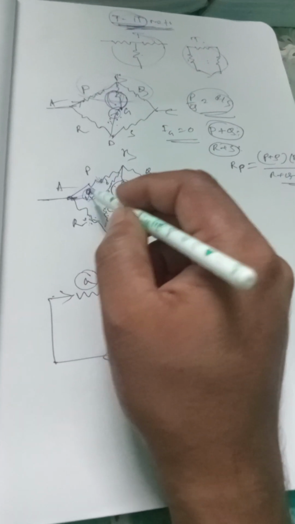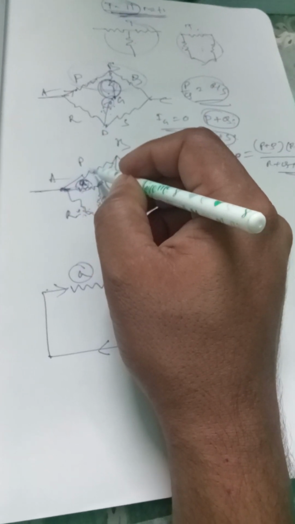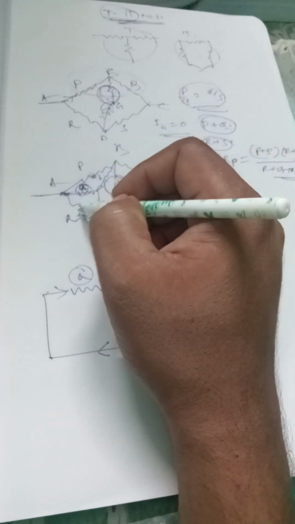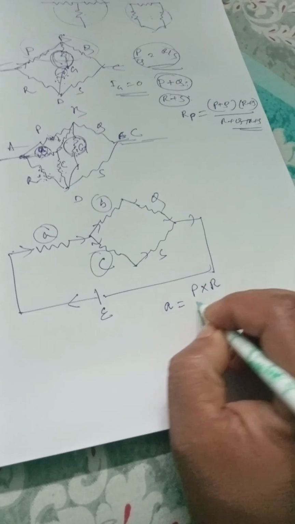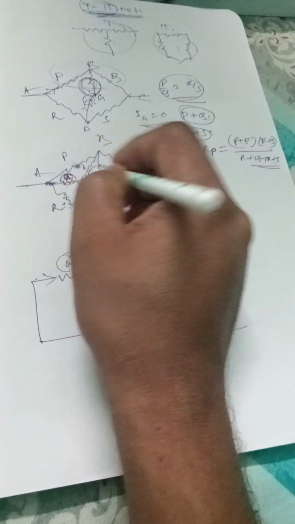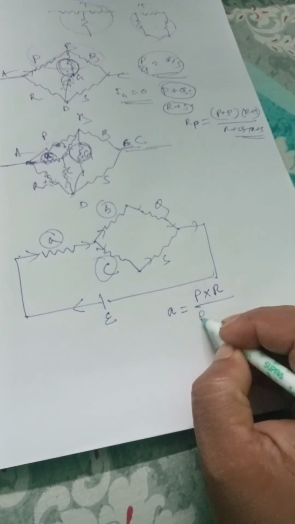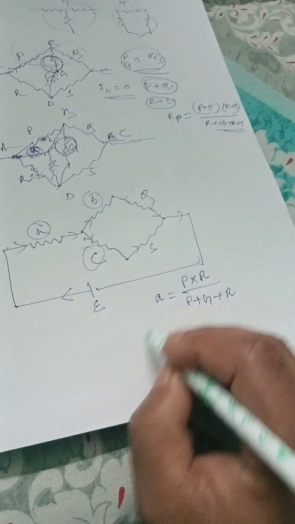If you calculate the value of A, you take the product of the adjacent resistors, P into R, upon the algebraic sum of the 3 resistors, P plus G plus R.